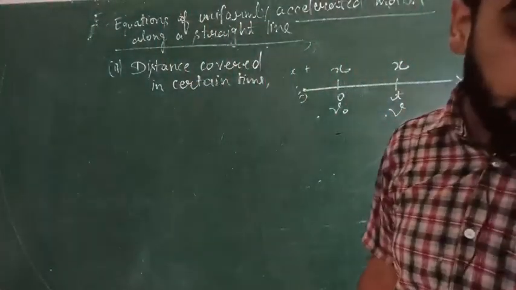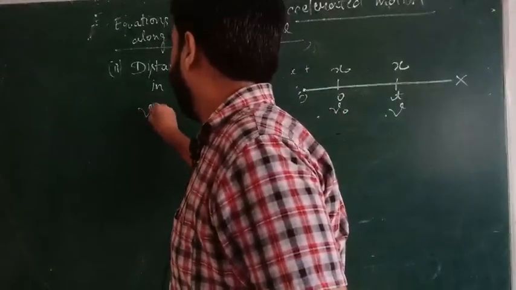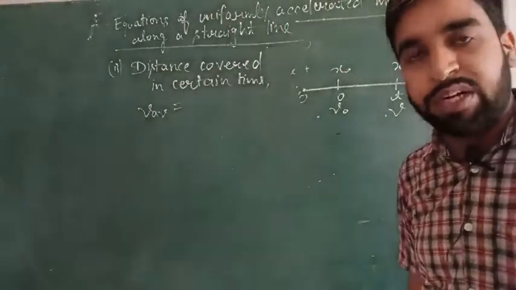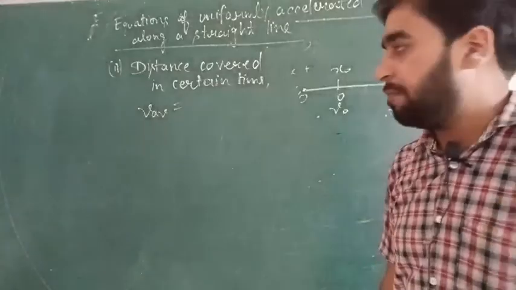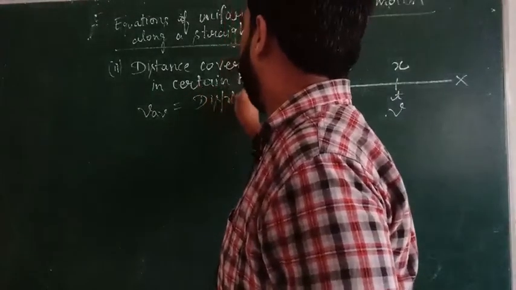If you have to calculate this, firstly calculate v average. What is the average velocity? For average velocity, we should be aware of the total displacement and total time. So displacement upon time is v average.